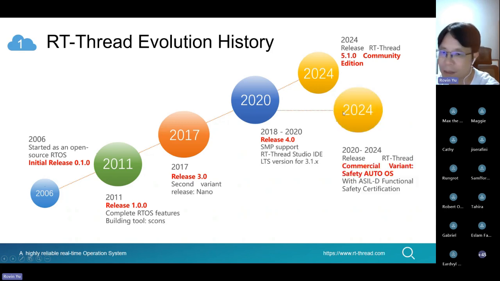The other path is for commercial edition development. During this period, we release a commercial variant, Safety Auto OS, with ISO 26262 ASIL-D functional safety certification.